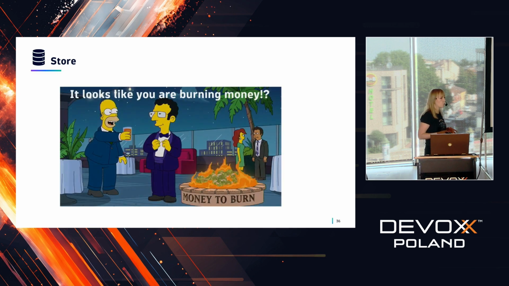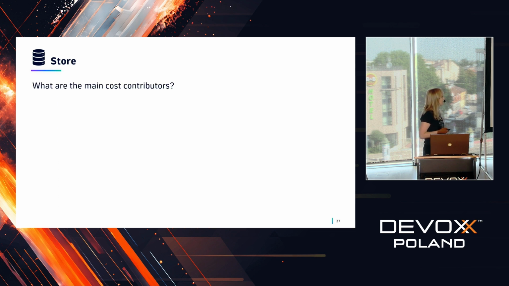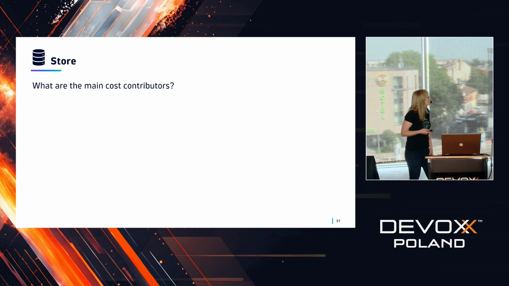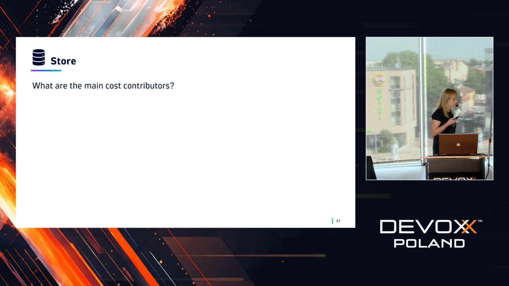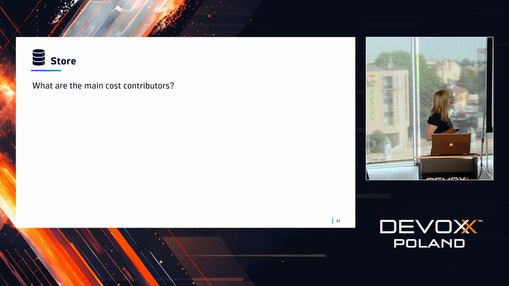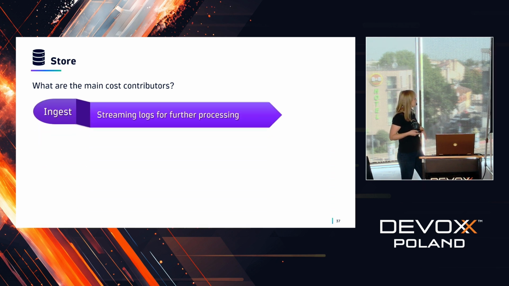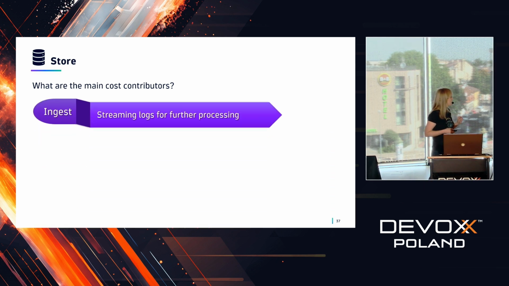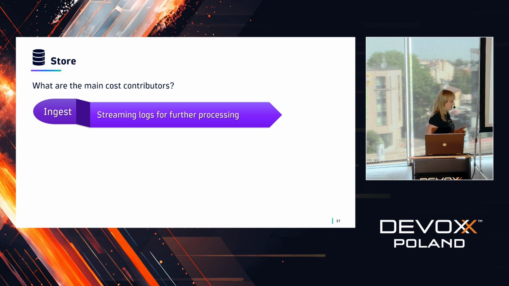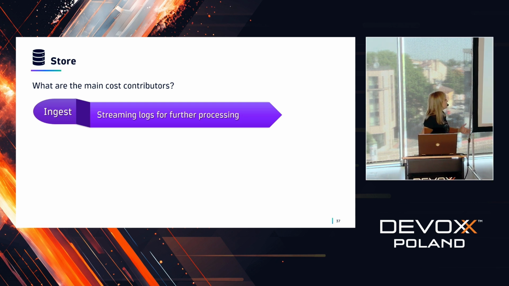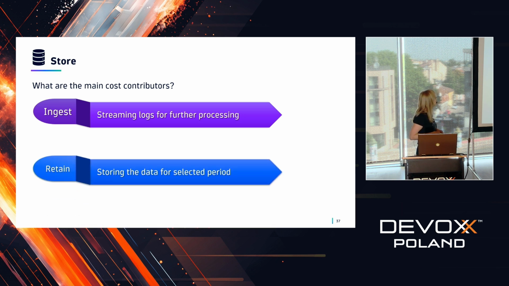So let's think what to do to not just burn our money. To be able to make log monitoring more cost-effective, the first thing that we should know is what the main cost contributors are in case of storing logs. The first one is ingest. So it's the amount of data that we are sending to some monitoring observability tool for further processing.